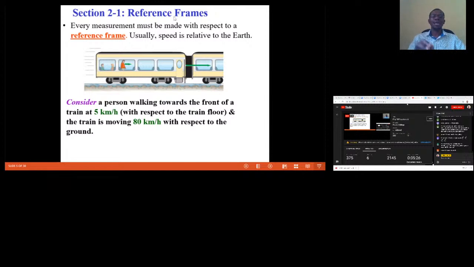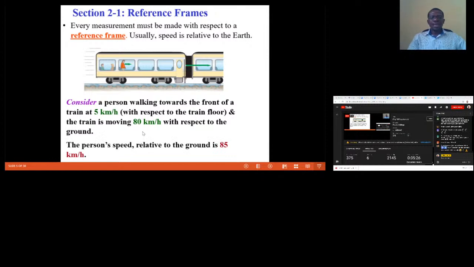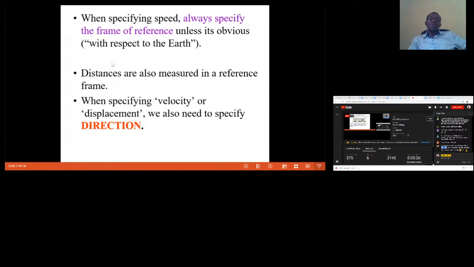Which frame of reference are you observing that motion from? With that explained, when specifying speed, you must always specify the frame of reference which you are using.